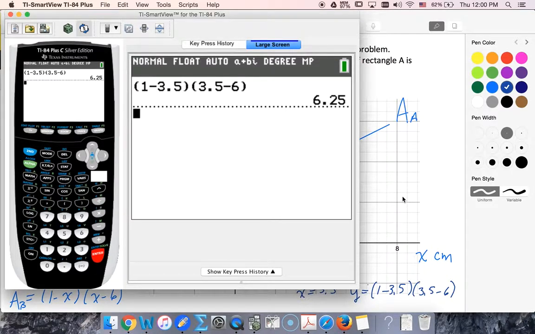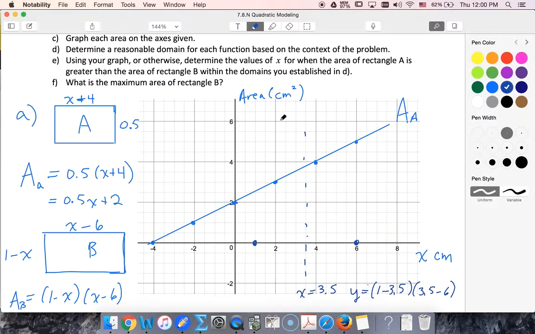And I get 6.25. So here's 6, that's 6.5, so 6.25 is about here. And I'll draw my parabola, trying to make it smooth.